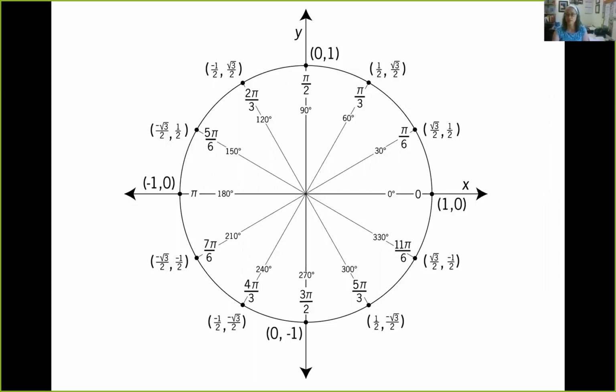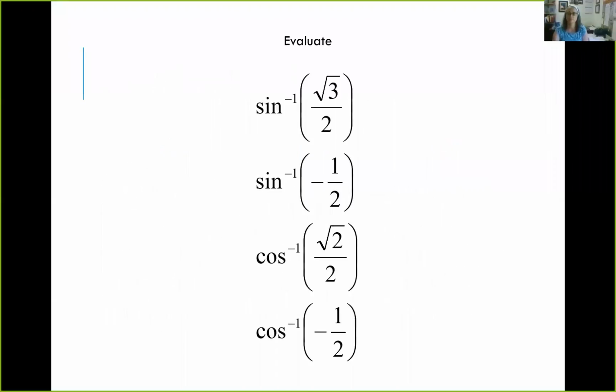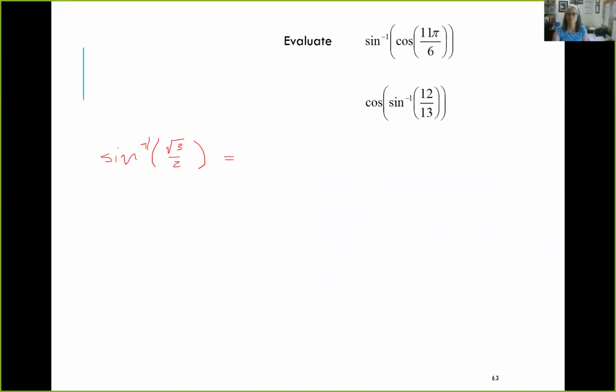Sine, remember, is the y-coordinate, so 60 degrees, or pi over 3 radians. So what I did was I simplified the inner function first, and then I applied the outer function.